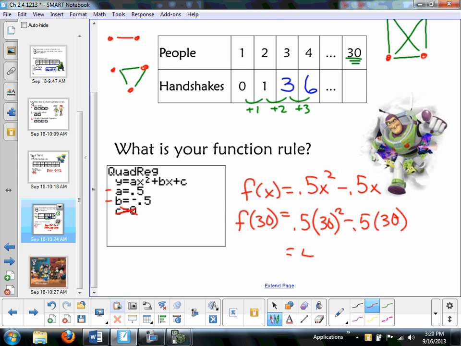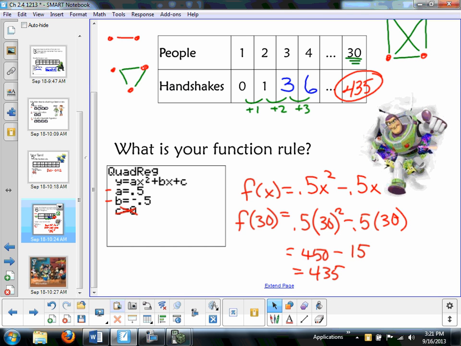That gives me 450 minus 0.5 times 30, that is 15. So 450 minus 15 is 435, which means if there are 30 people at a party and everybody shakes hands exactly 1 time, there would be 435 handshakes. It's a lot of germs.